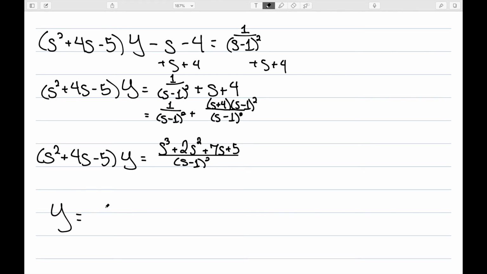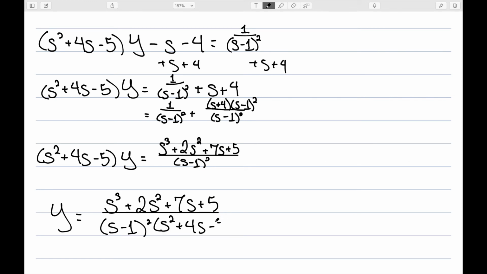And then we can divide. We get capital Y is s cubed plus 2s squared plus 7s plus 5 over s minus 1 squared times s squared plus 4s minus 5.